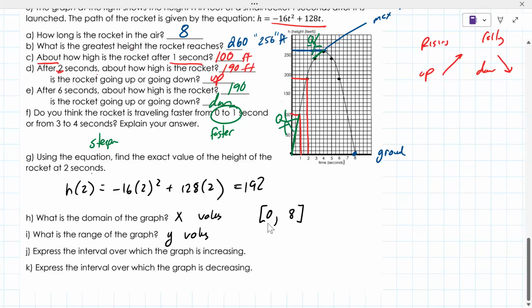You really need the vertex to do it. I kind of already did that for you. So for part I, I'll just make a note over here. You really need the vertex, which is 4 comma 256.